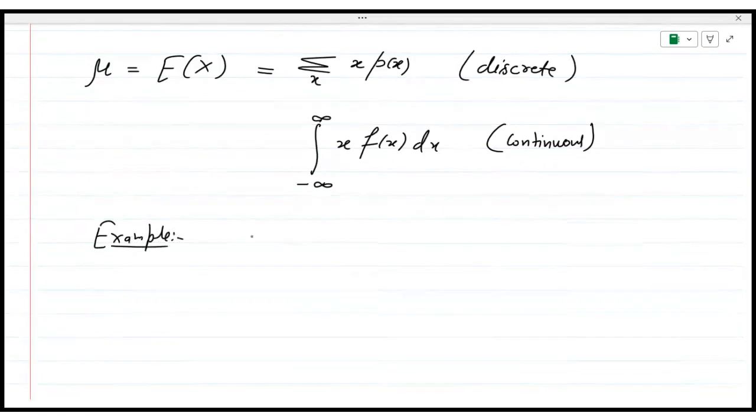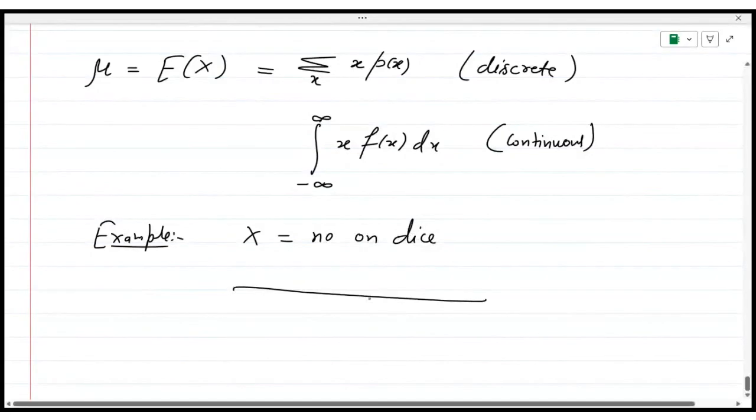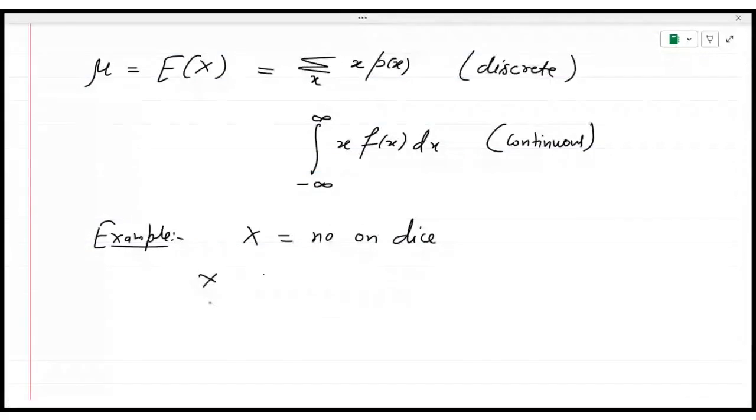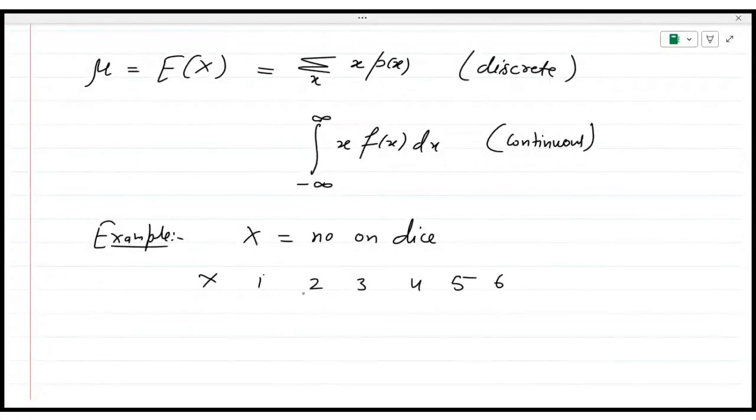So let x be the number on dice. So what are the possible values of x? What are the possible numbers that can appear on dice? So either we can have 1, 2, 3, 4, 5 or 6. These numbers can appear.